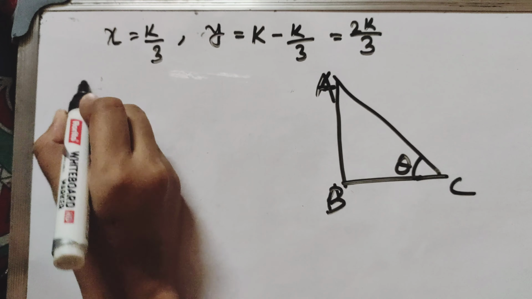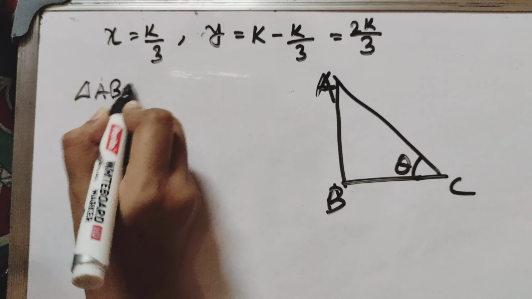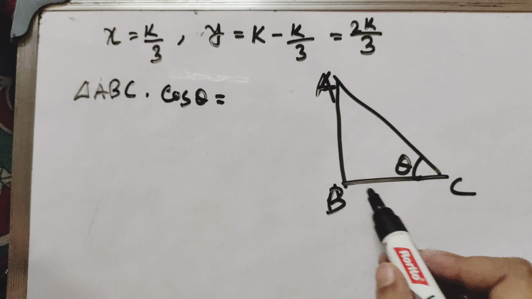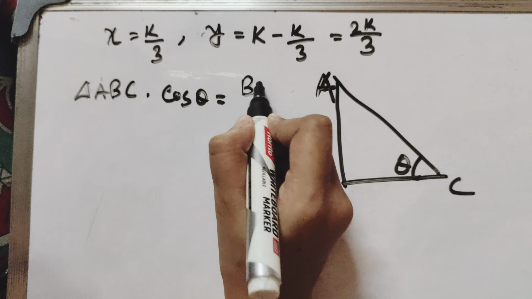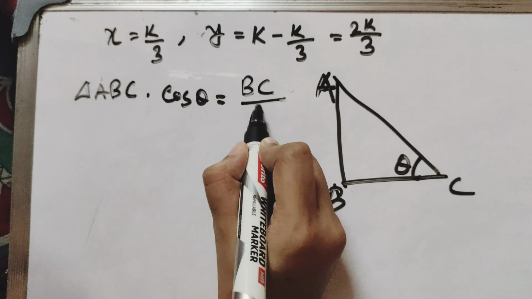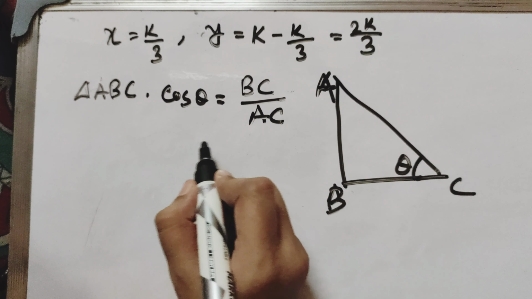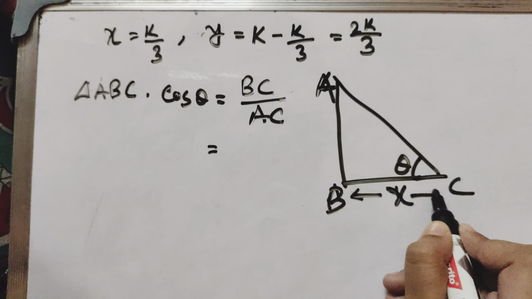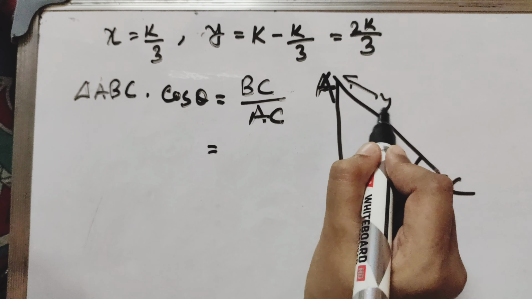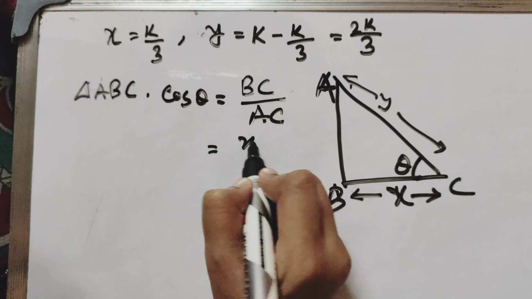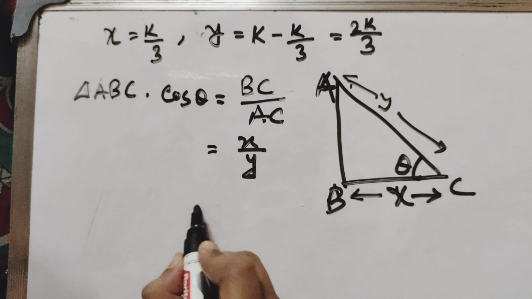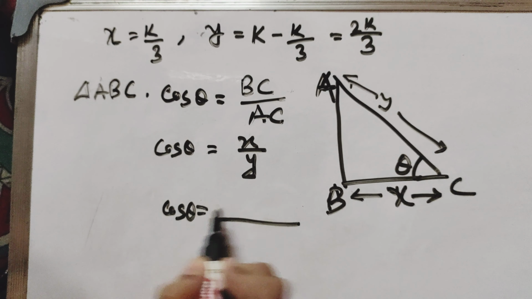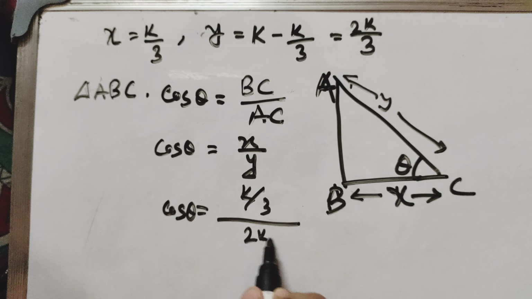Now therefore in the triangle ABC, what about cos theta? So cos theta is BC divided by AC, right? We take this as x and this as y, so x by y equals cos theta equals k by 3 divided by 2k by 3.